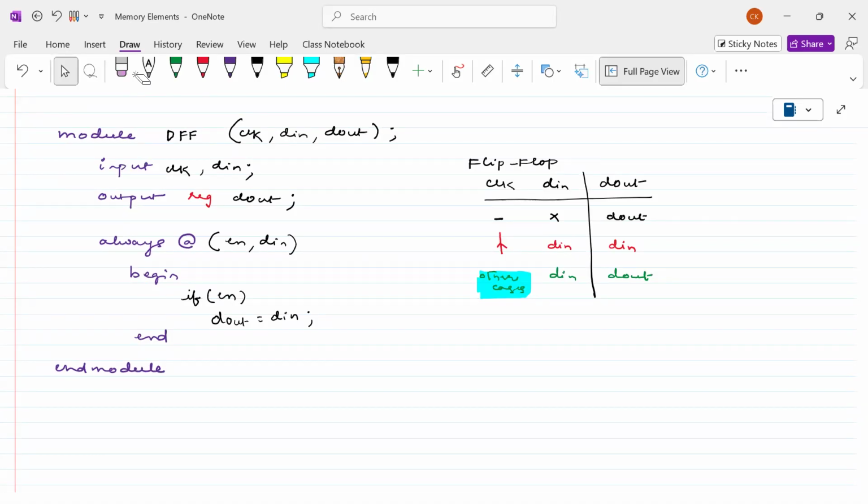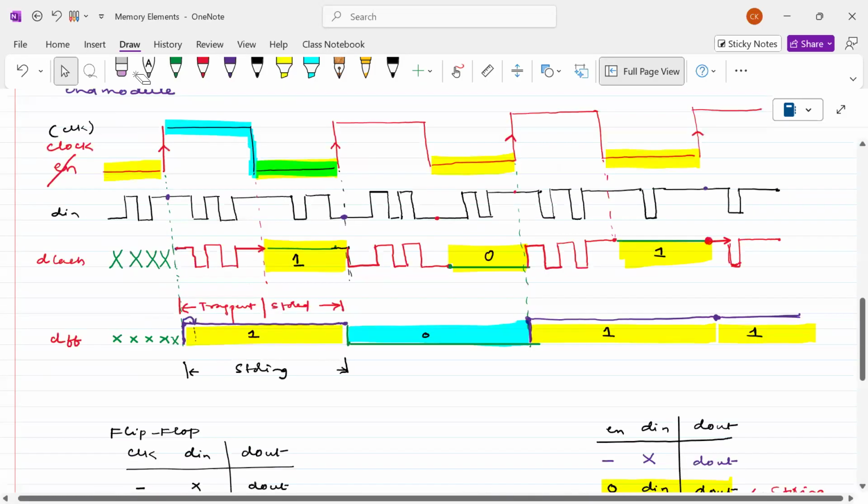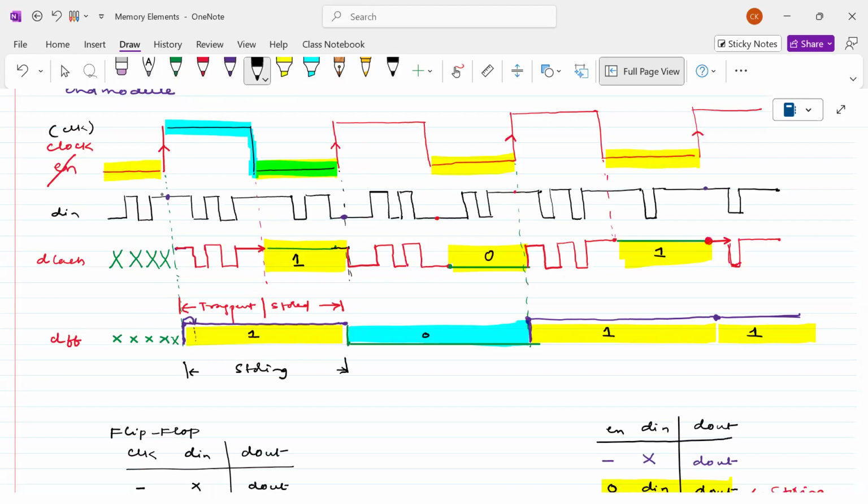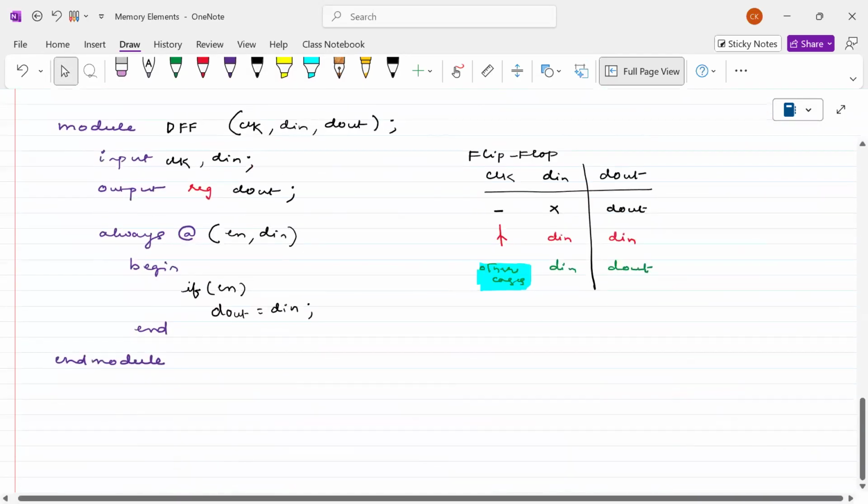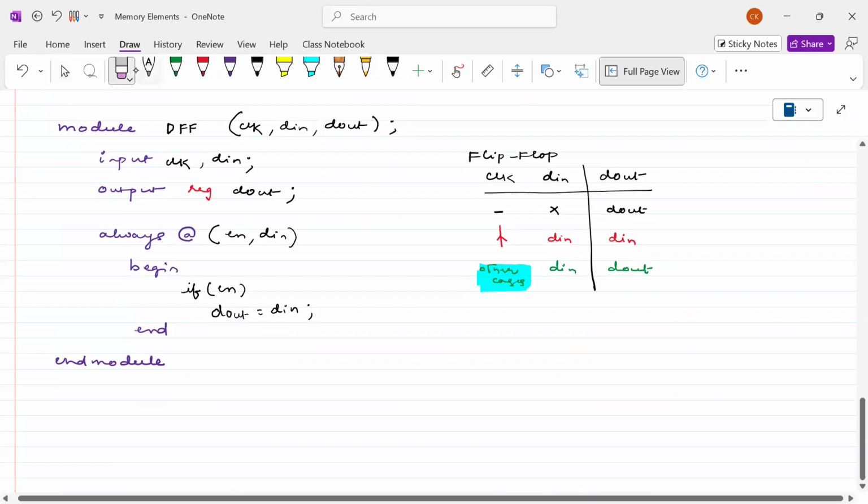At the edge means only one point, and at the edge we cannot see so many changes. We can see only either logic 0 or logic 1. That's the reason why only the positive edge is required for us. The changes of D are not at all required.